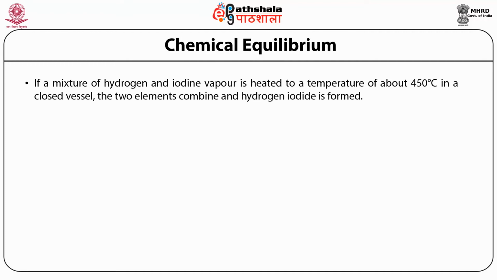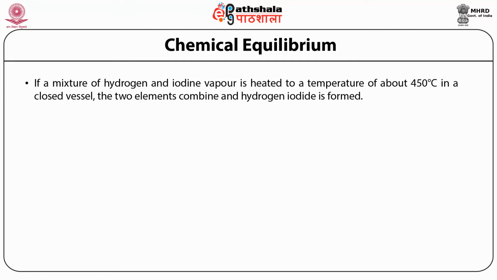If a mixture of hydrogen and iodine vapor is heated to a temperature of about 450 degrees centigrade in a closed vessel, the two elements combine and hydrogen iodide is formed. It is found, however, that no matter how long the duration of the experiment, some hydrogen and iodine remains uncombined.